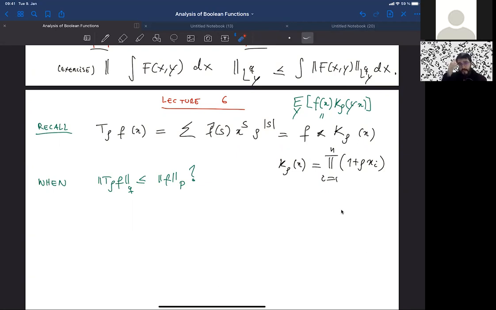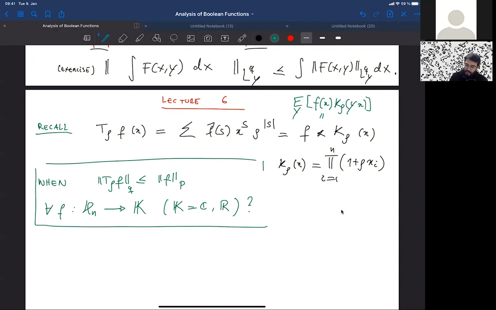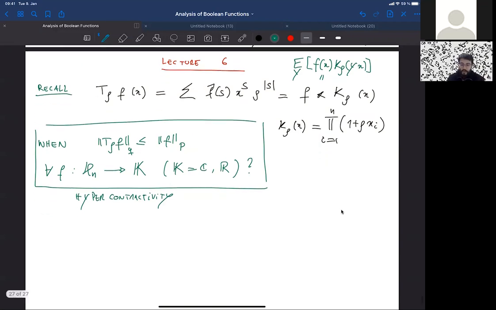And when this holds independent of n, for every function f, say from the Hamming cube to K, where K can be either the complex numbers or the real numbers. So that's the question. That's the hypercontractivity question. Okay, that's what we want to know.